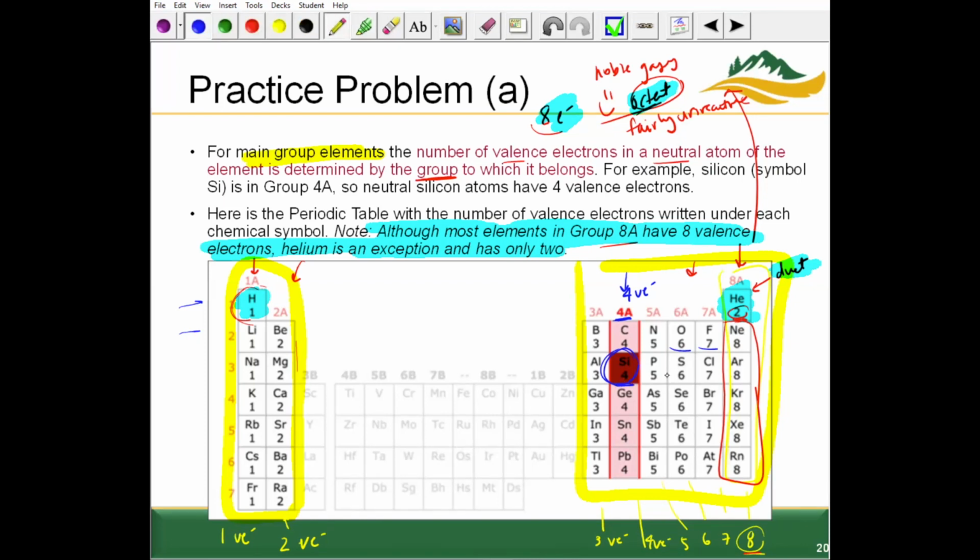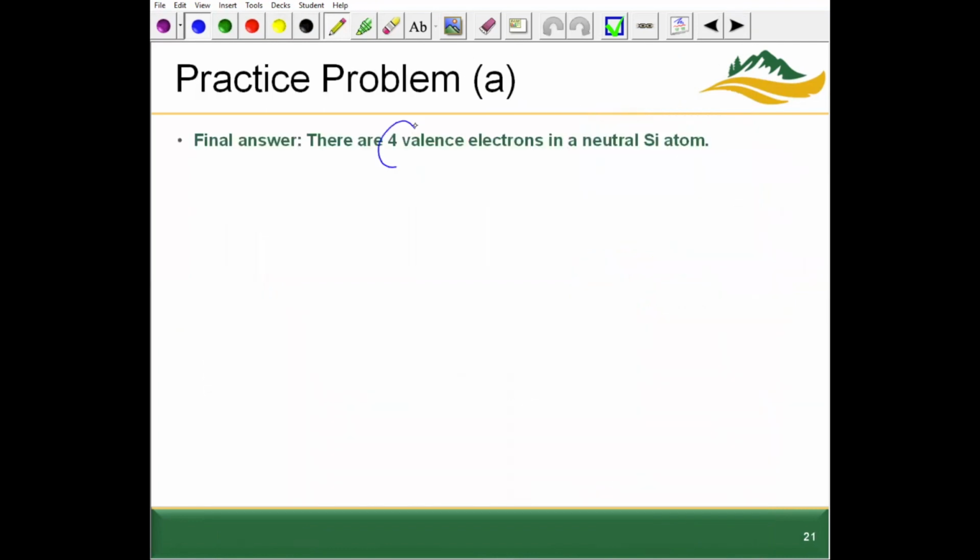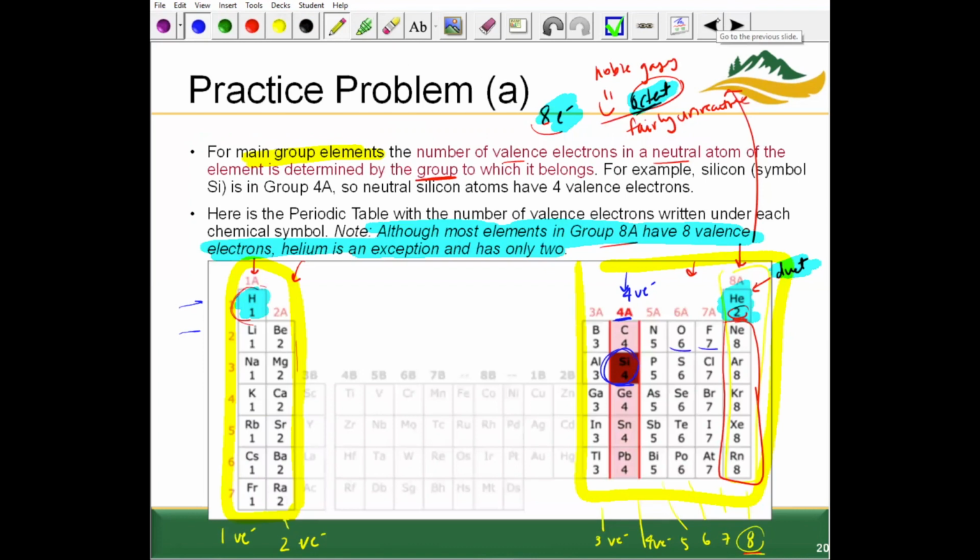Okay, so for our practice problem here, just looking at silicon that has 4 valence electrons in this neutral atom of silicon. It's neutral, it hasn't gained any electrons or lost any electrons to become a cation or anion. We can see that the number of valence electrons can change if we have an ion. Let's try this ion, for example. F minus. Generally, F has 7 valence electrons.